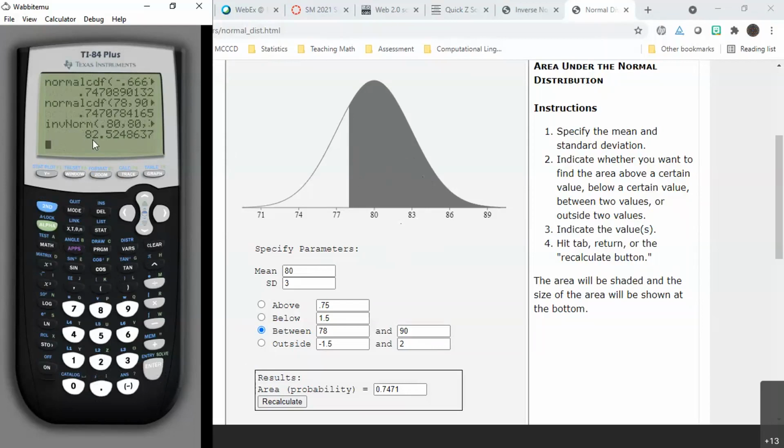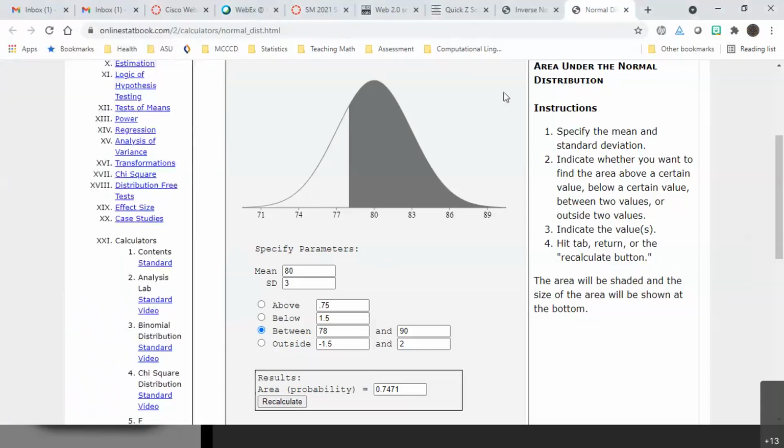What this is telling me is 80% of my students are scoring below 82. Now, the problem with this is if you wanted above, you'd have to do 1 minus this. You have to do the 1 minus nonsense with the TI-84 because it's only set to give you the area from the left out to the right.